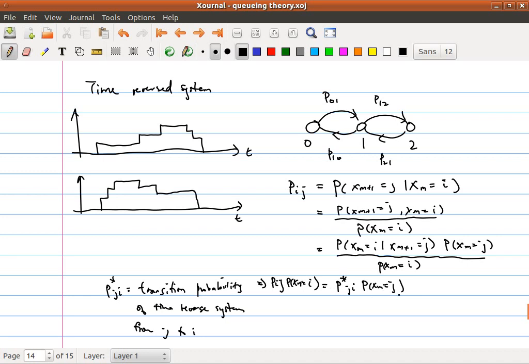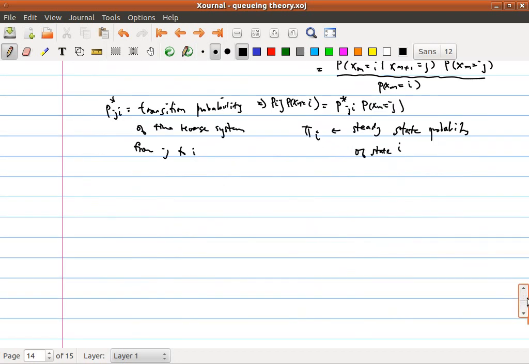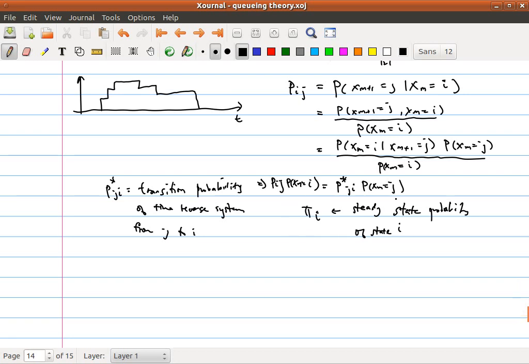And of course, if we have the steady state probability, denoted as pi i, the steady state probability of state i, the steady state probability just means that P(X_m = i), when m goes to infinity, converges to some probability that is not changing anymore.